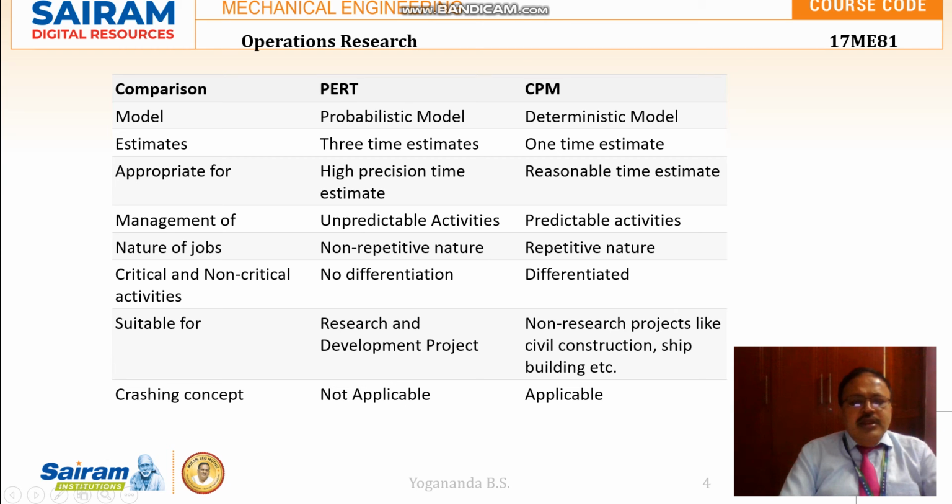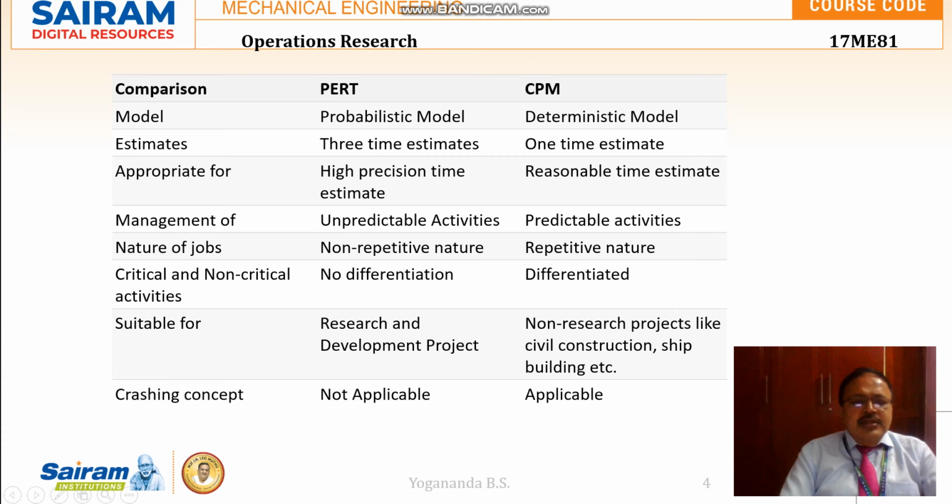Activities are considered critical when a delay in any activity further delays the next upcoming activities, which results in a delay in project completion time. Such activities will be critical.